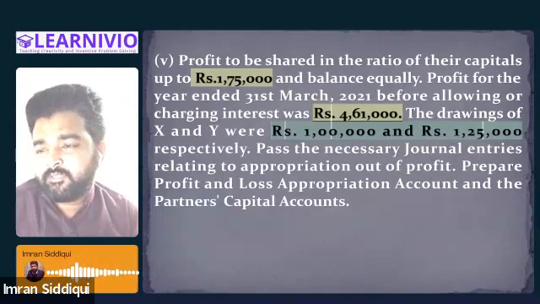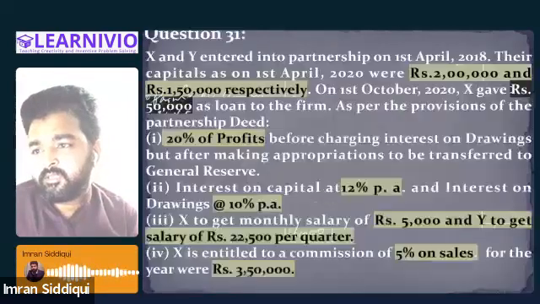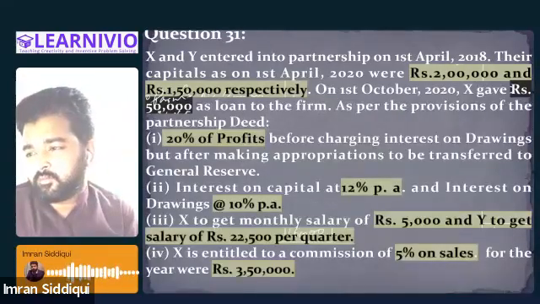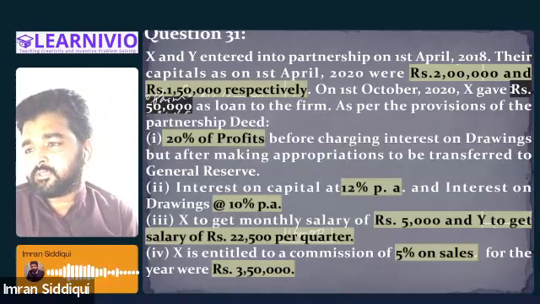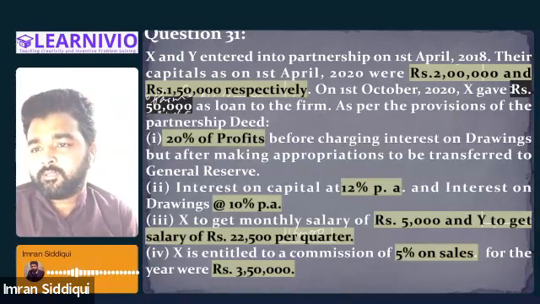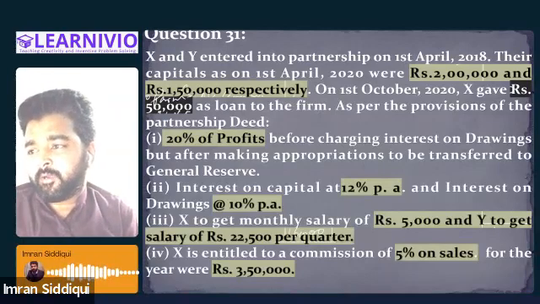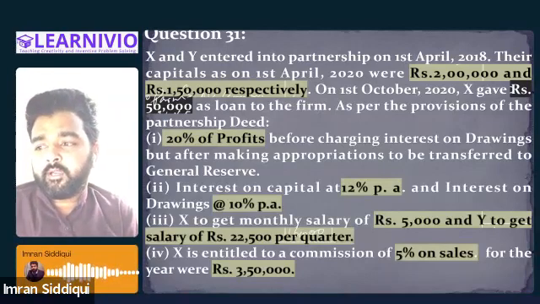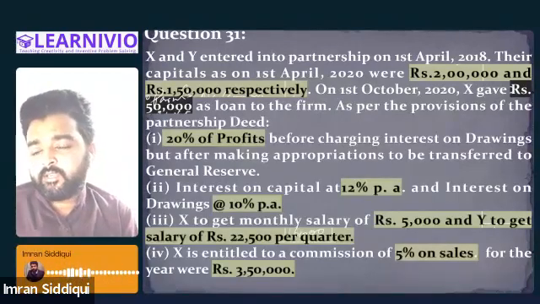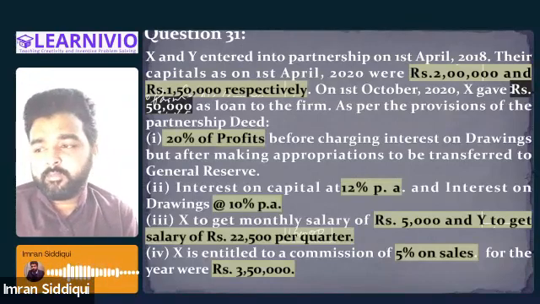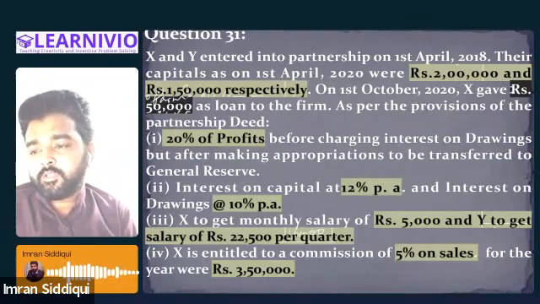Now, summarizing the entire thing, basically this question gives us the information about the capital contribution by the partner, amount of loan given by the partner to the firm, and interest rate upon the capital that partners will be getting. Interest on drawing is also given, and their monthly salary is given.